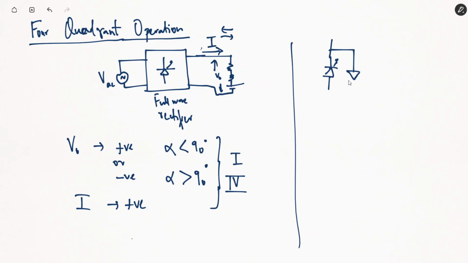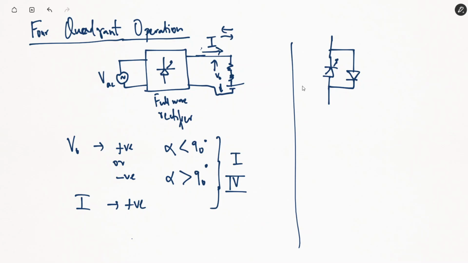But it's also possible to use a diode in parallel with a thyristor. The diode will normally be reverse biased and it will not be conducting.